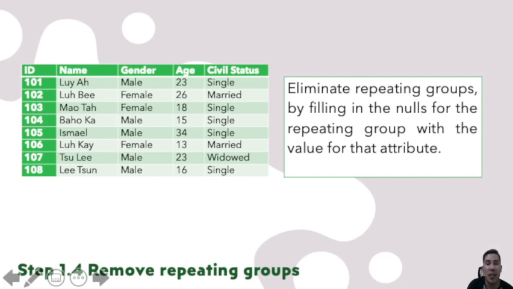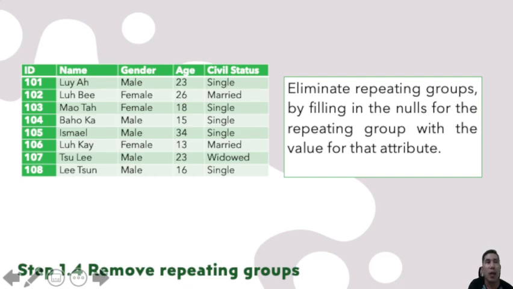But with gender and civil status, we only have limited values. For gender, at least we have two, or if you want to include LGBTQ, lesbian, or bisexual, then you can have that in your table separately. And for civil status, you have single, married, and widowed.